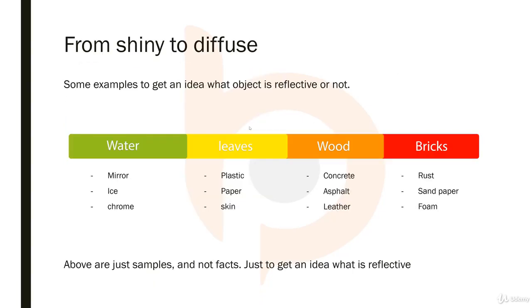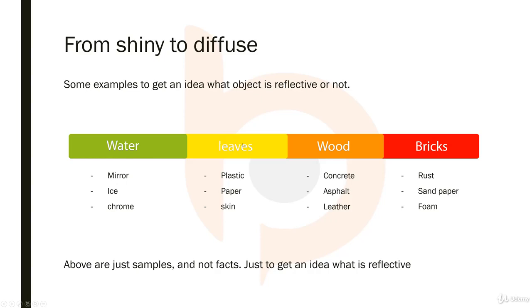And here is a sheet with some categories. Water is one of the most reflecting things. Of course, it really depends, but in this category, water is very reflective, same as a mirror, ice, and chrome. And we go one step further to more diffuse.